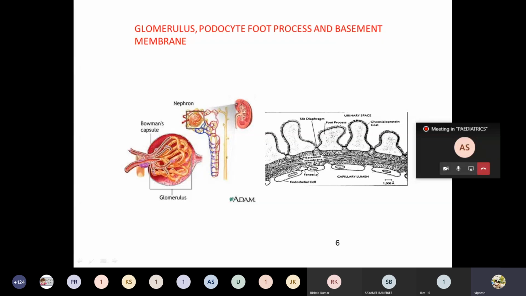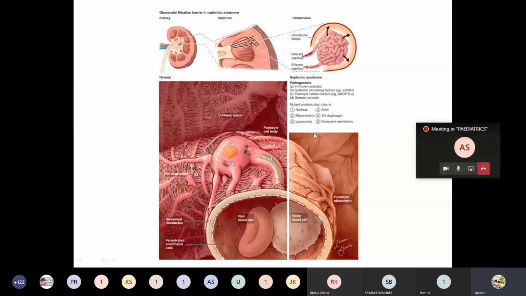These are endothelial cells lined here, and it has to be drained into the Bowman's capsule. It will be intact in normal cases in all of us. In the conditions of nephrotic syndrome, it will not be intact. One more figure regarding the nephrotic syndrome pathophysiology.